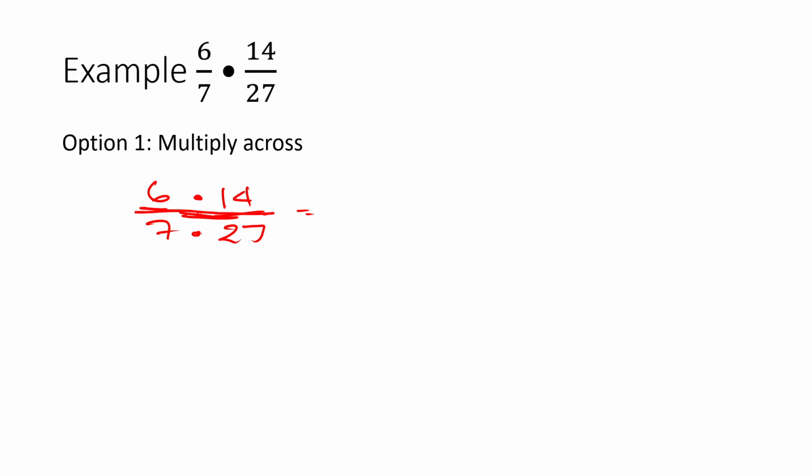Okay, let me bust out my calculator. 6 times 14 is 84. And 7 times 27, if I do this correctly, you'll get 189.